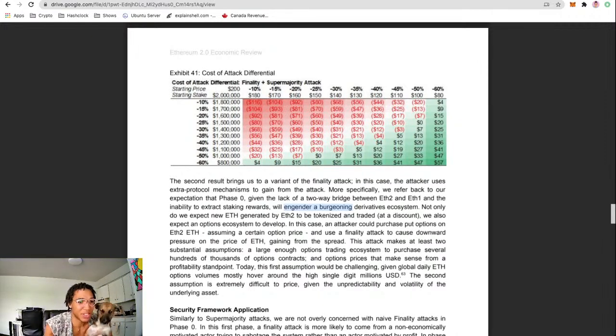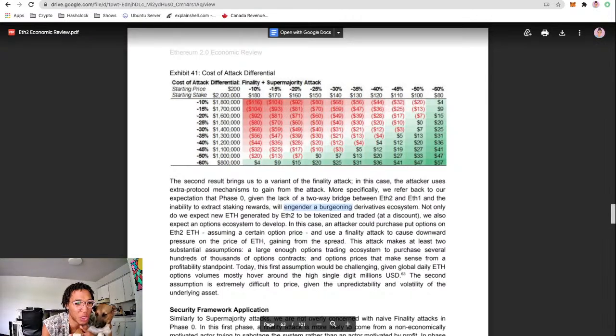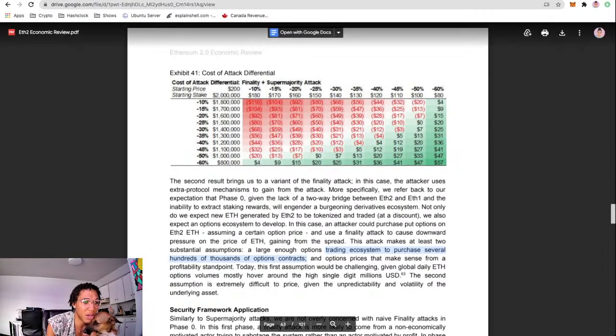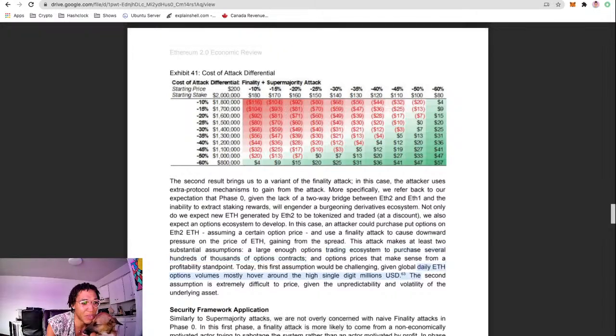Kind of confused because it says a large enough options trading ecosystem to purchase several hundreds of thousands of options contracts. Oh, they're saying the daily volume for ETH options is in the single digit millions.